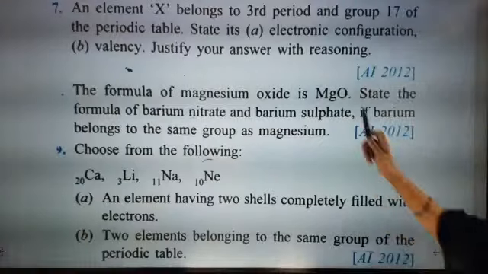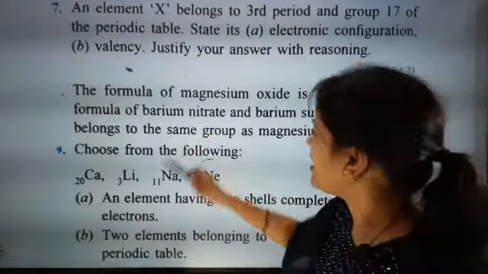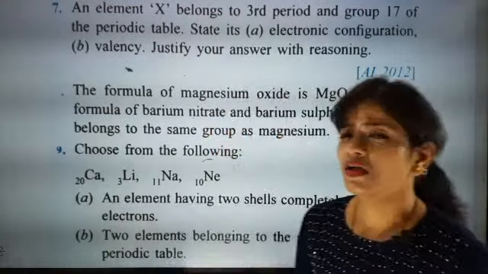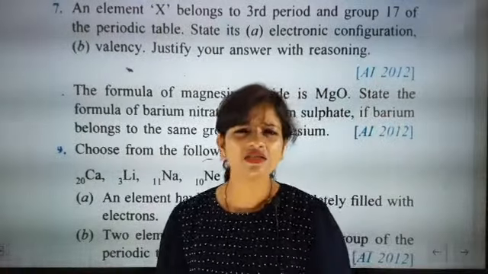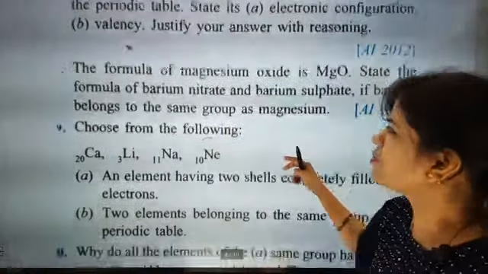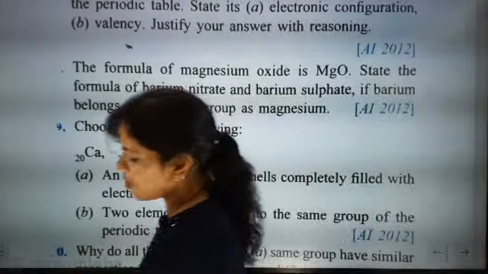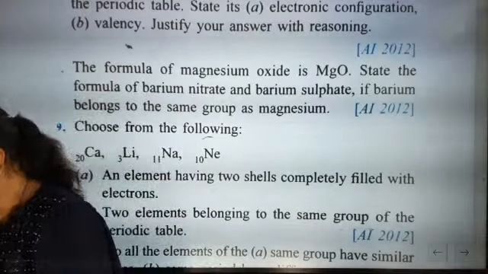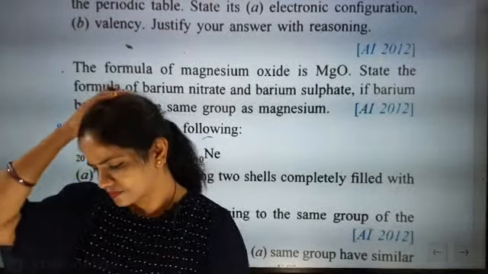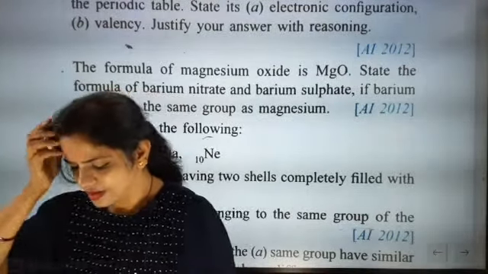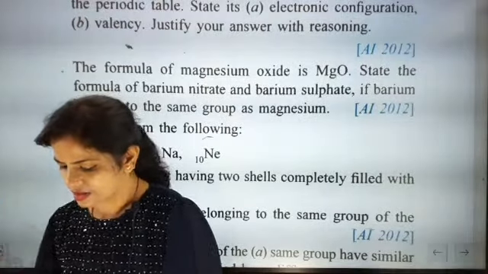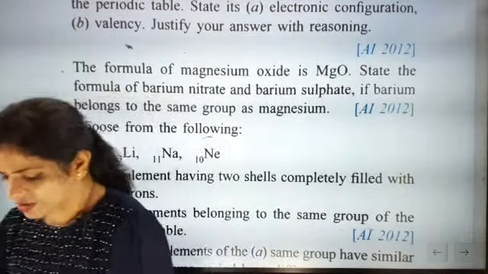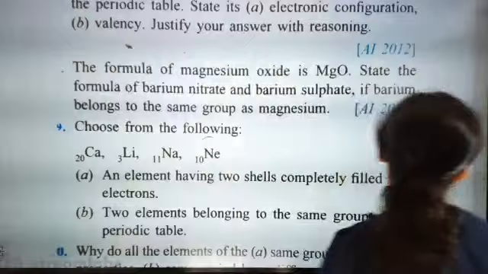The formula of magnesium oxide, state the formula of barium nitrate. NO3 minus is that one. So barium, think about barium. NO3, something you are missing.